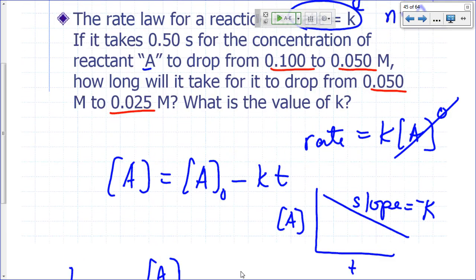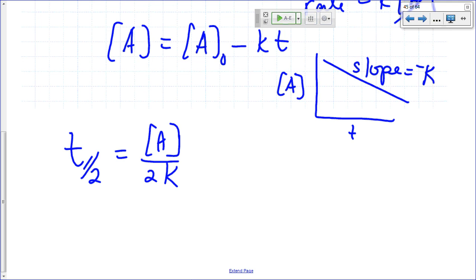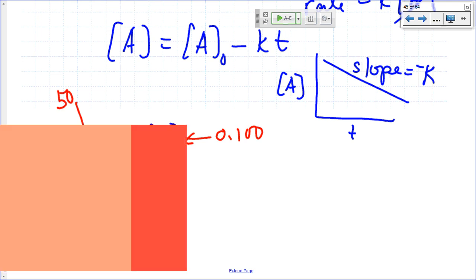It says it takes 0.5 seconds to drop from 0.1 to 0.05. So from 0.1 to 0.05, that's a half, right? So that must be the half-life. That's my half-life if my initial concentration is 0.1. So if my initial concentration is 0.1, my half-life according to the problem is 0.5 seconds.